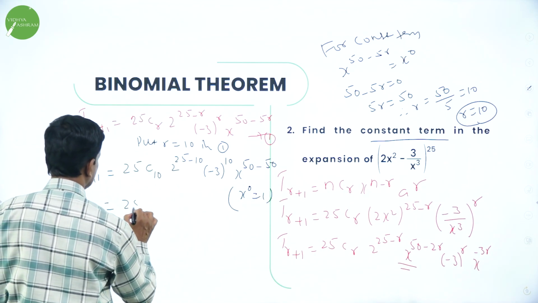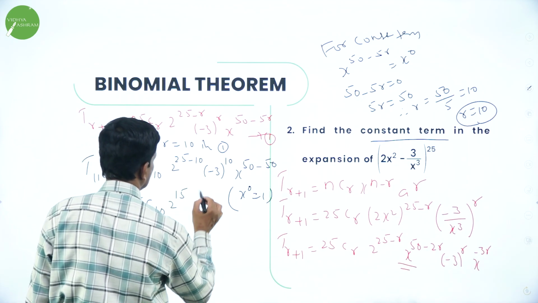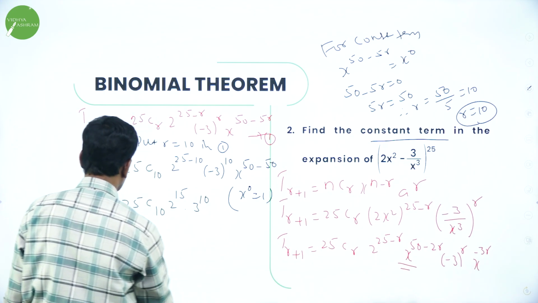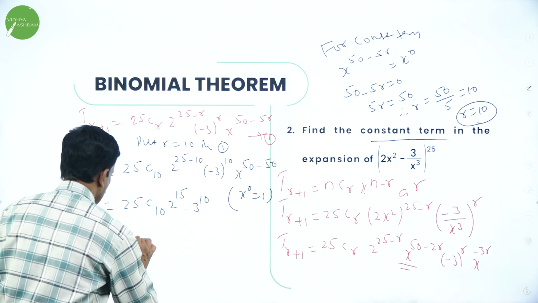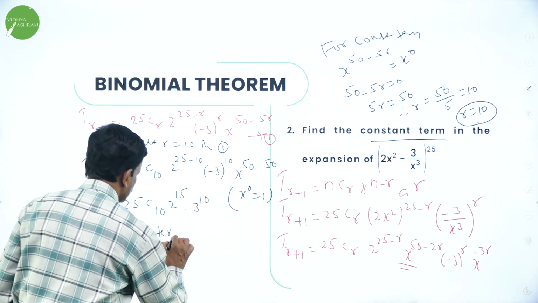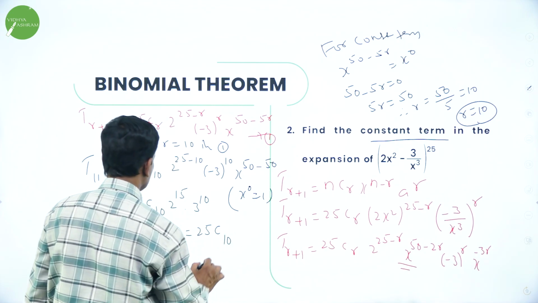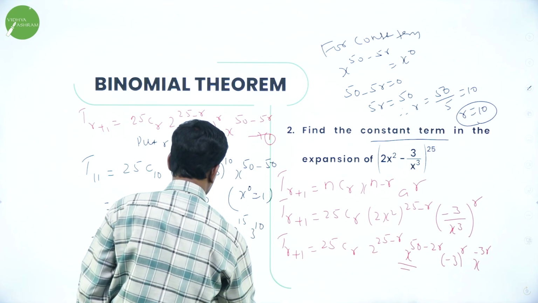So therefore 25 C 10, 2 to the power of 15. If you multiply minus 3 ten times, you will get 3 to the power of 10. So therefore the constant term in the expansion is equal to 25 C 10 into 2 to the power of 15 into 3 to the power of 10.